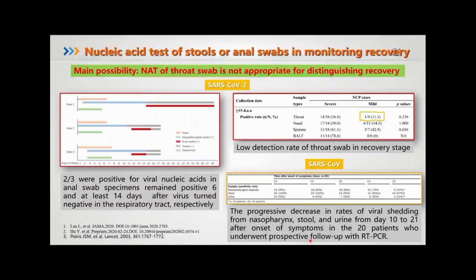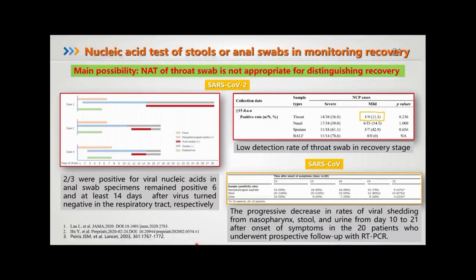So in China, the nucleic acid test of throat swab was used for evaluating the condition of recovering patients. However, for those patients in the recovery stage, the positive rate for viral nucleic acids in throat swabs is much lower than in nasal swabs, which I showed in a previous slide.